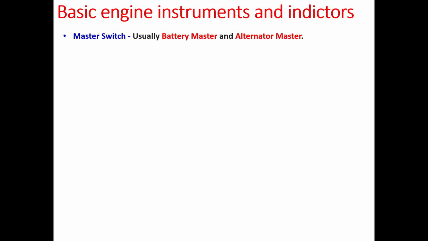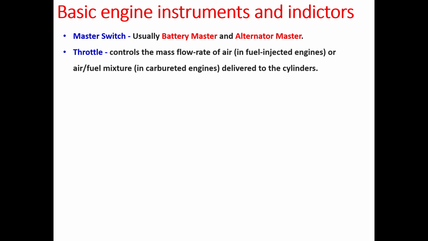We have the master switch, which is usually also called the battery master or alternator master, which essentially turns the engine on. We have the throttle, which controls the mass flow rate of air or the air-fuel mixture delivered to the cylinder.